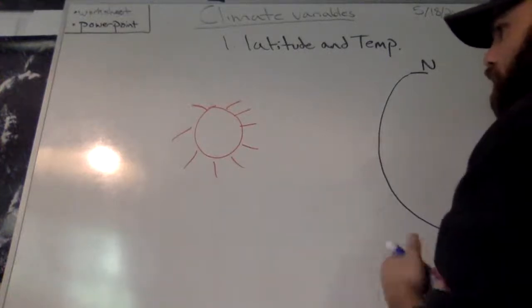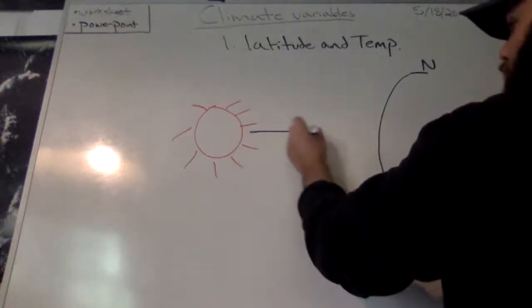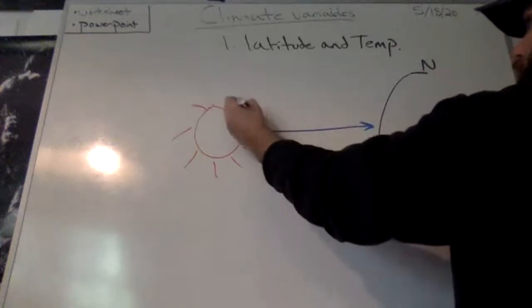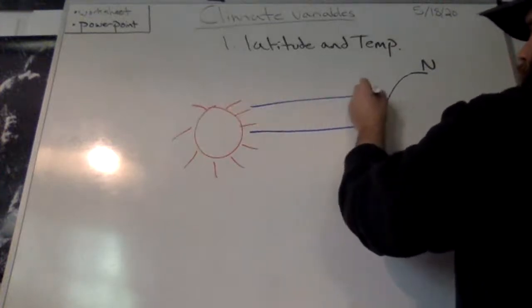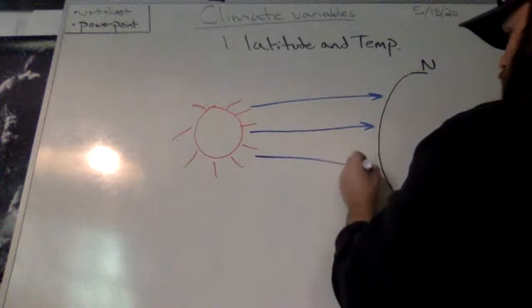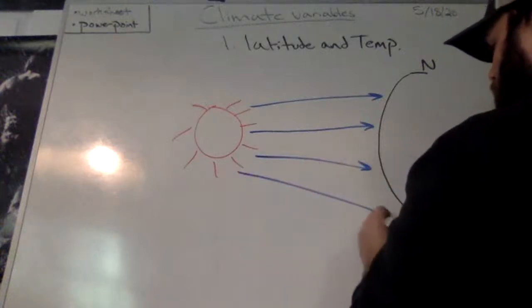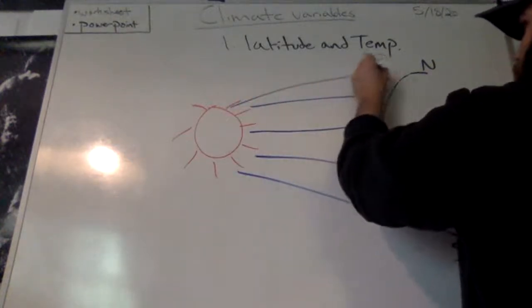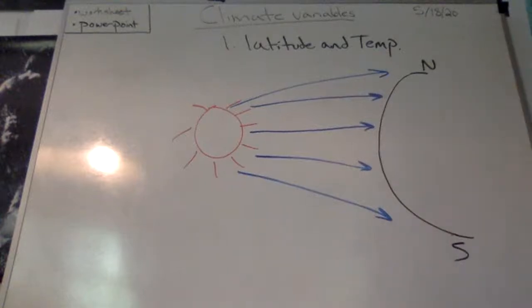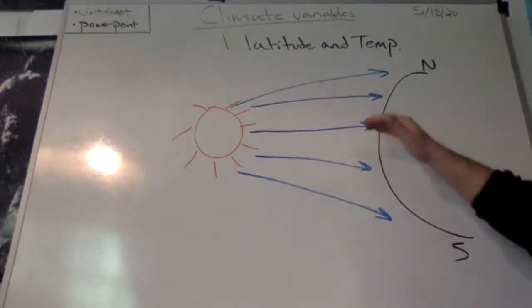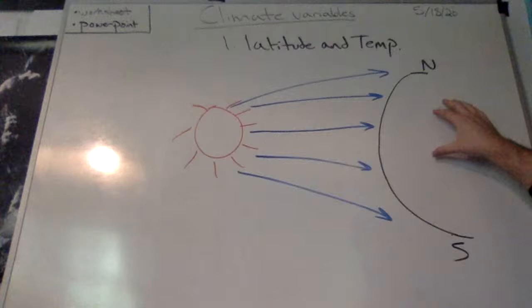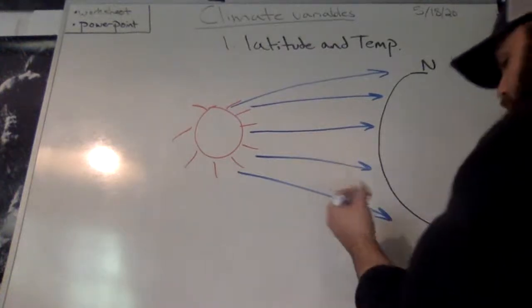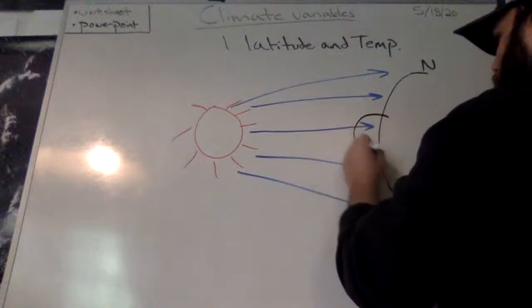We have it hitting here, here, here, here, and here. We're looking at the angle at which the sunlight is hitting Earth directly. Where it's hitting it spot on is located right here.